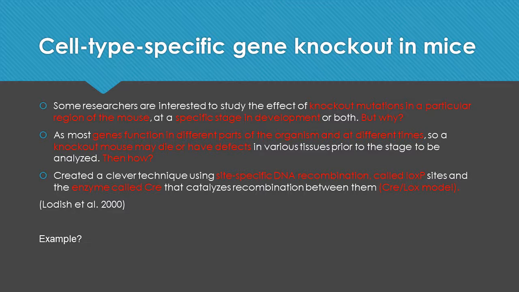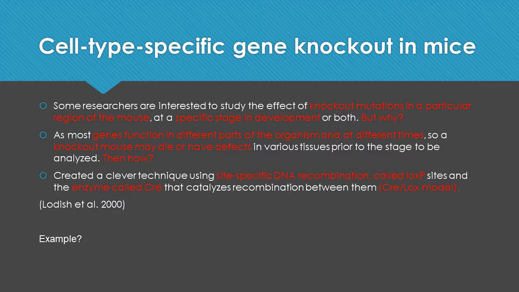Okay, as most genes function in different parts of the organism and at different times, a knockout mouse may die or have defects in various tissues prior to the stage to be analyzed. Okay, so then how? Okay, scientists created a clever technique using a method called the CRISPR model.